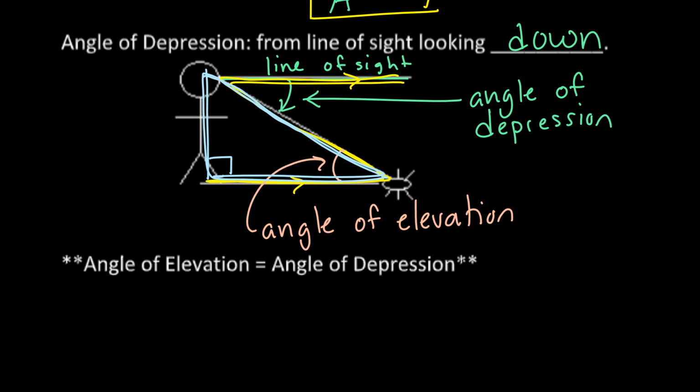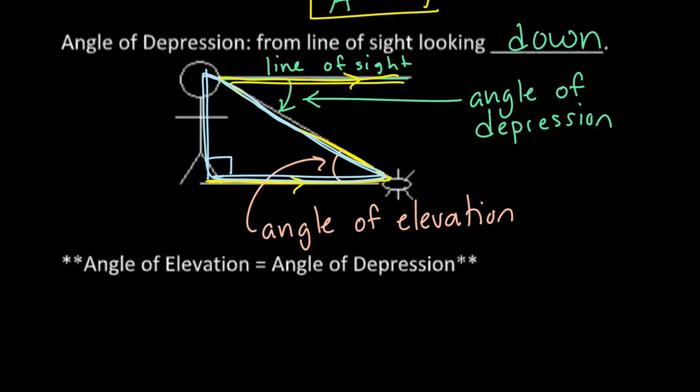Can I use an angle outside of the right triangle? No, right? You have to have an angle inside the right triangle. But now, because we know that top angle is the same as that bottom angle, if I'm given the angle of depression is 30, I now also know that that angle of elevation is 30, and now I can solve using trig.